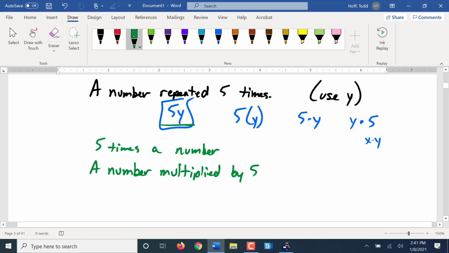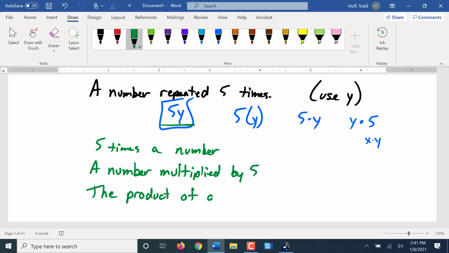Anybody know the equivalent phrase for multiplication? We have sum for addition, difference for subtraction. Anybody know the term for multiplication? I'll give you the first letter, P. Product, there you go.